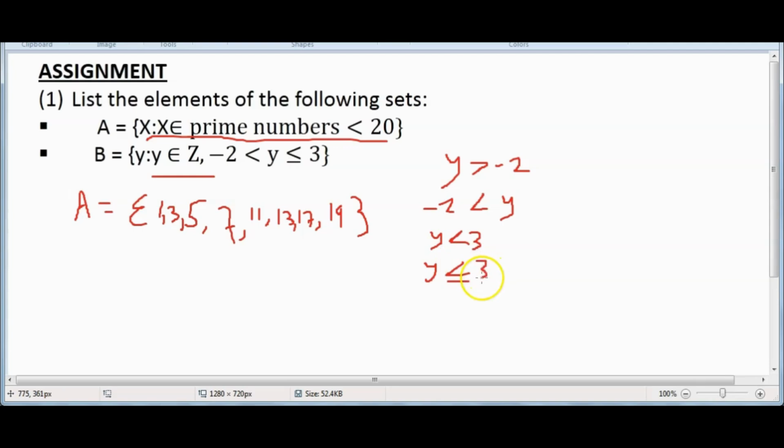This means Y is less than or equal to 3. That means the counting will stop at 3 or any number below 3. So, Y greater than -2 means the counting will begin from the next integer greater than -2.